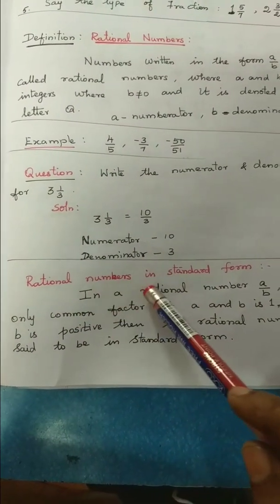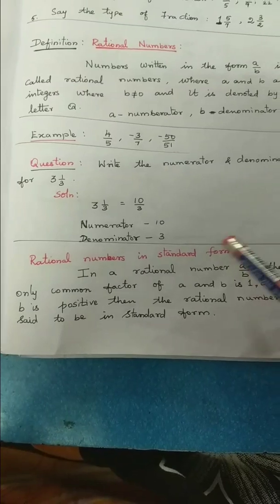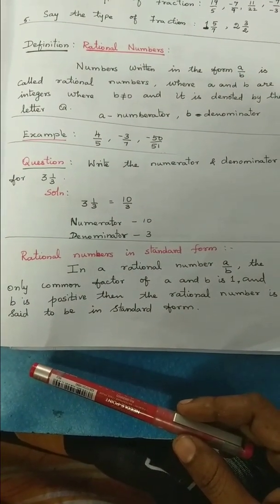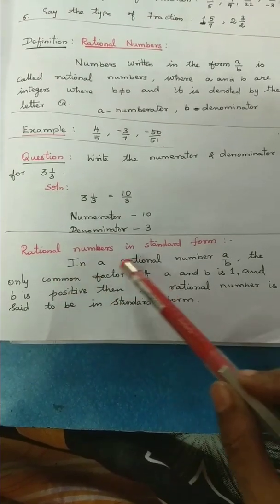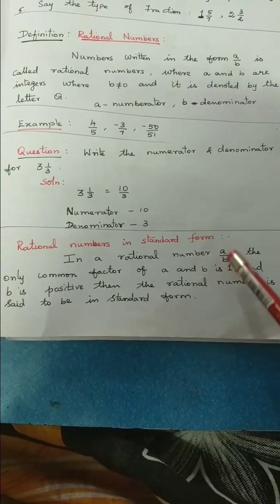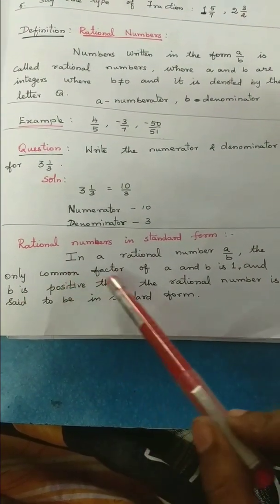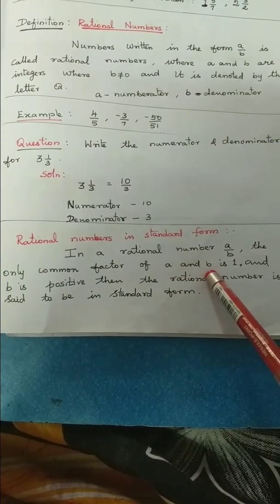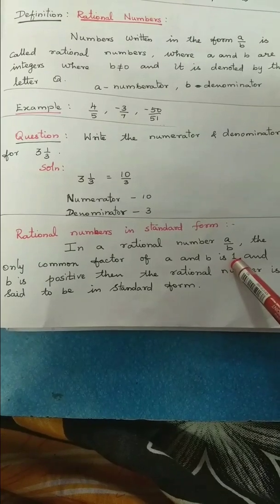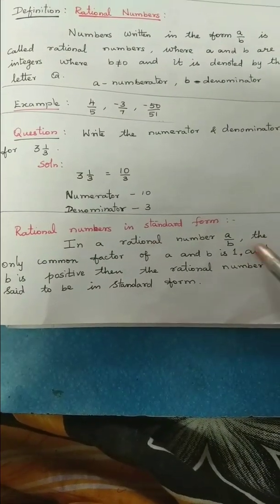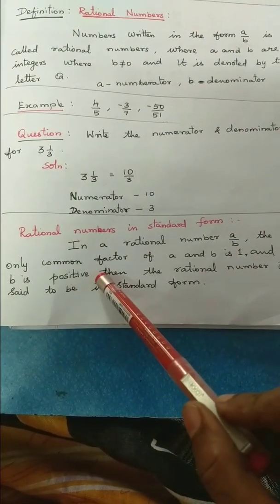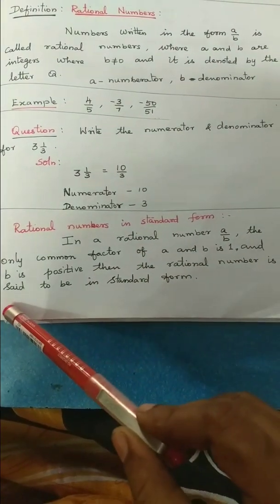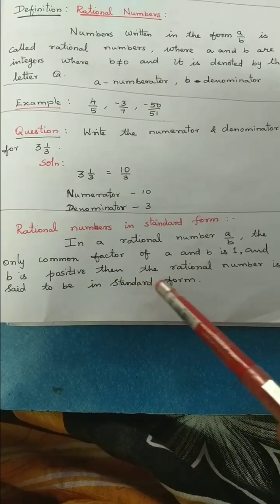Now rational numbers in standard form. How to change the rational numbers in standard form? In rational number a by b, the only common factor of a and b is 1, and b is positive, then the rational number is said to be in standard form.